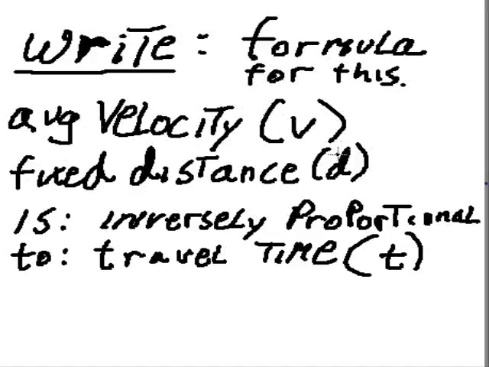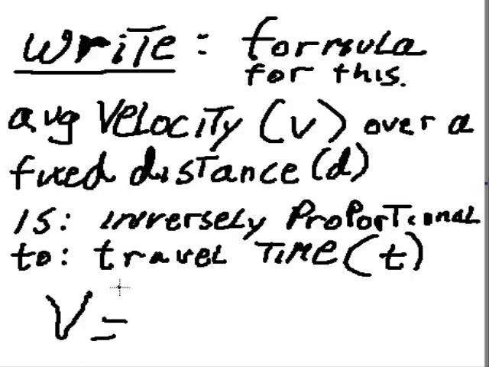So now write a formula for this. Average velocity v over a fixed distance d is inversely proportional. Okay, let's grab the first part. Average velocity v is inversely proportional over a fixed distance d.